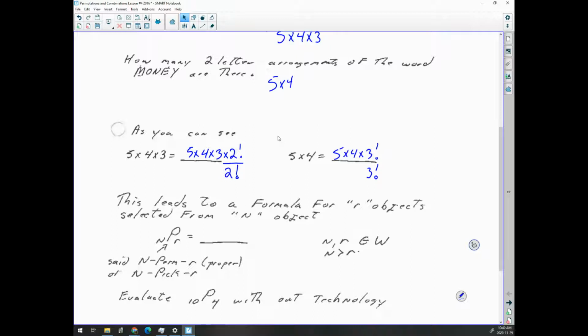Probably not going to. But this does lead us to this part about permutations that we want to look at. We can now write these as 5 factorial over 2 factorial and 5 factorial over 3 factorial, respectively.